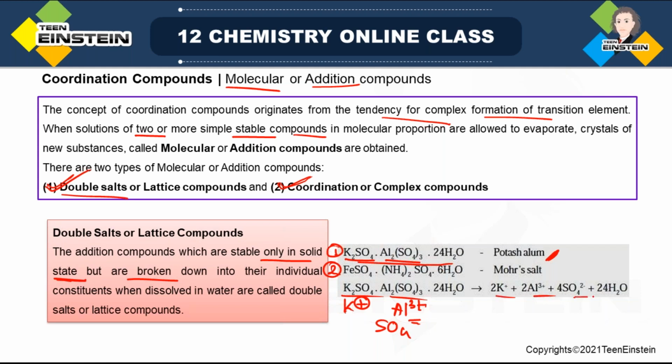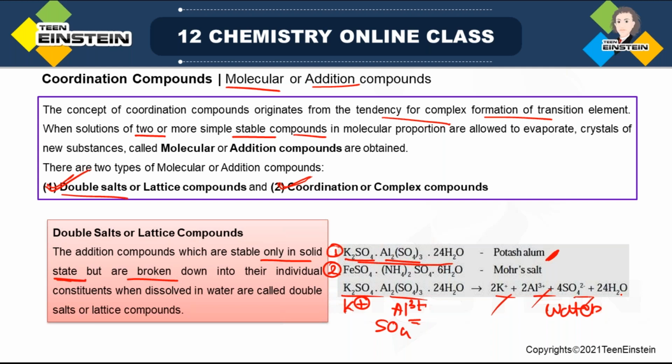That means when it is in water medium, if you do identification tests for K plus, aluminium 3 plus or sulfate, you will get all these tests positive. Why? Because now the individual constituents are present in the water medium.